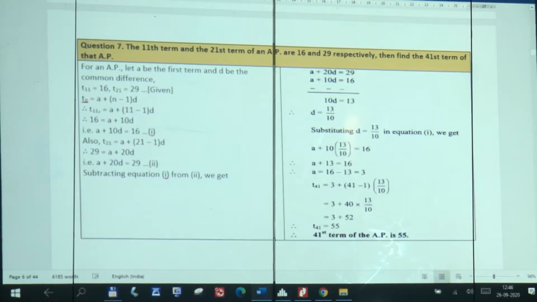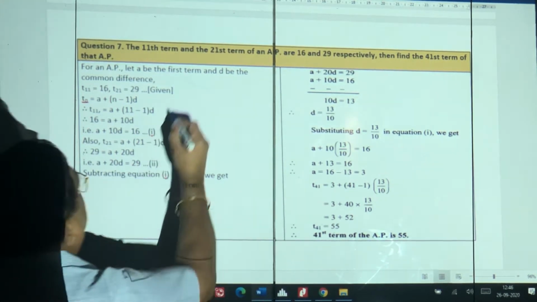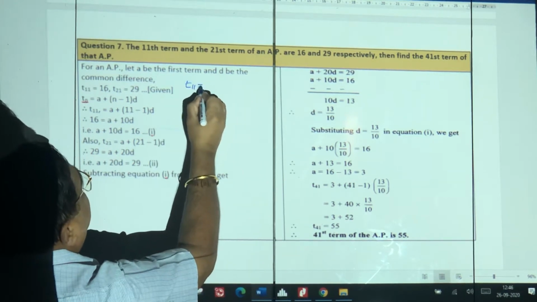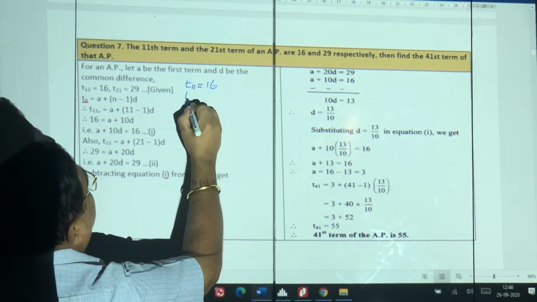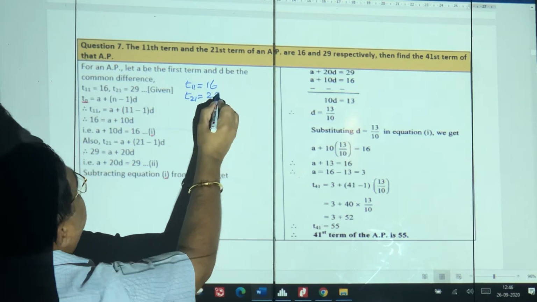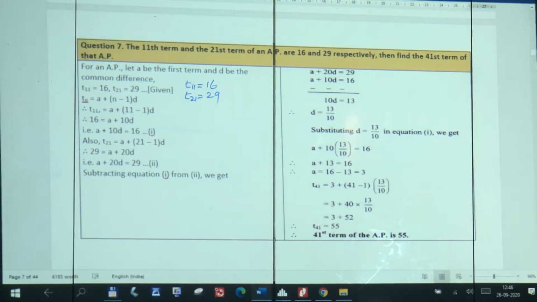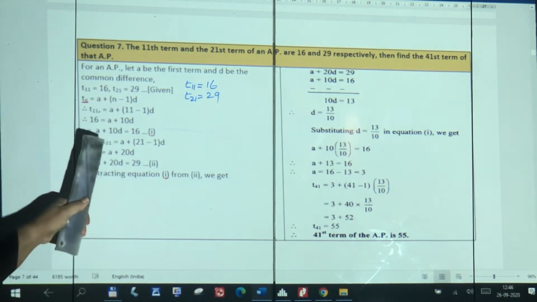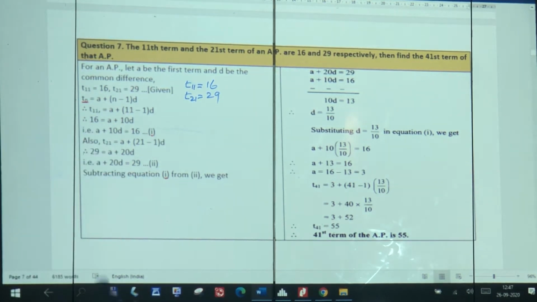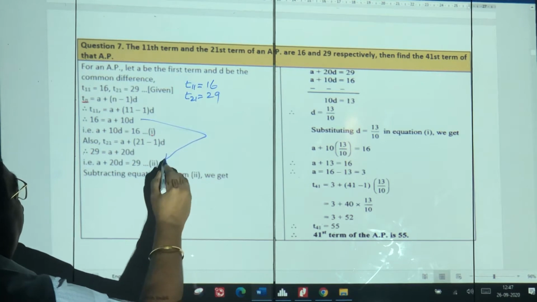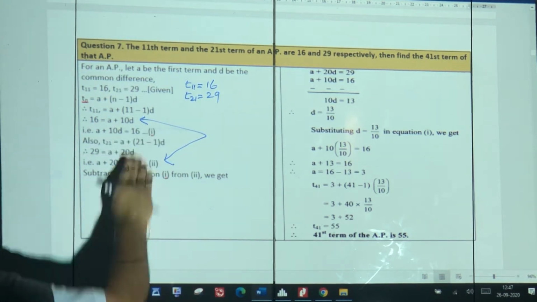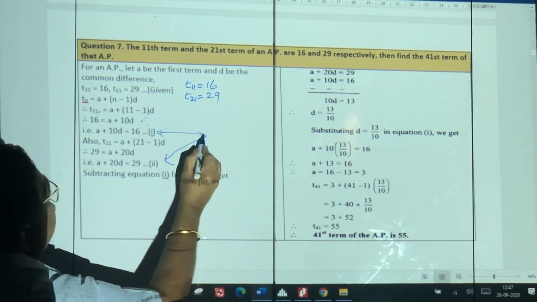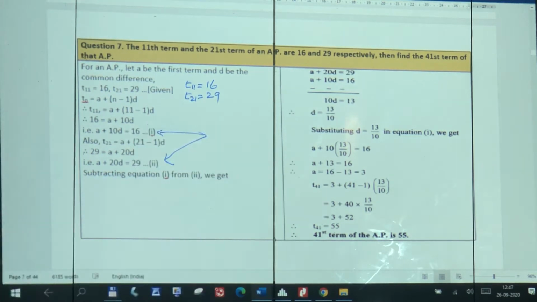Look at this also. Now this is a trick, how to fuss people. The 11th term is given, and the 21st term is given. Very nice of them, no problem, my friend. T11 is equal to something, T21 is equal to something, and solve the two equations.